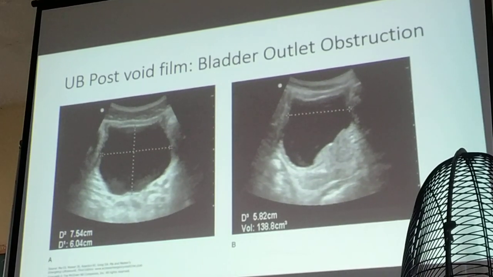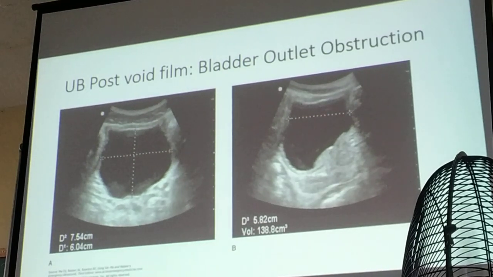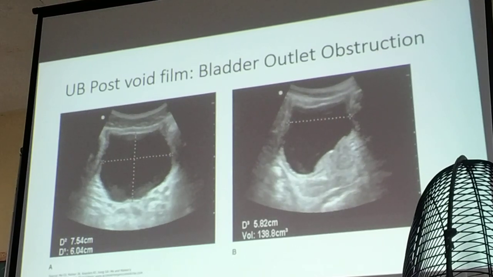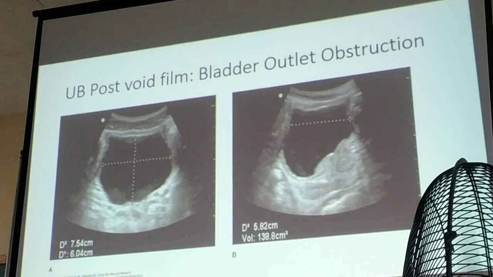As I said, in most cases, for urinary bladder outlet obstruction, again, BPH. Okay? That is a male patient. Okay?